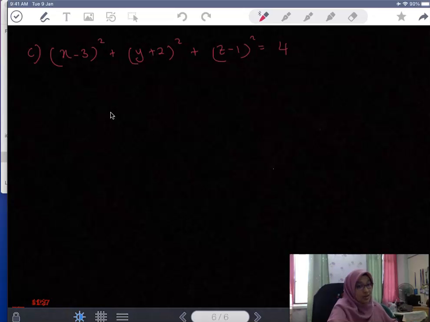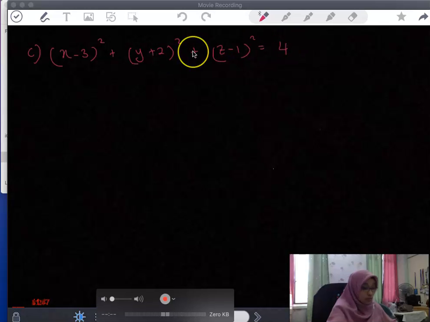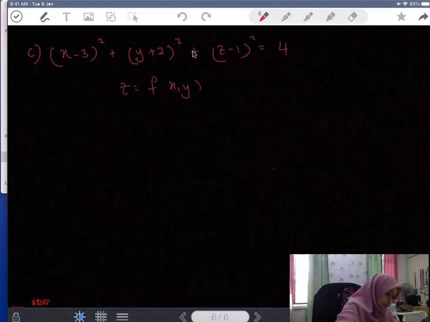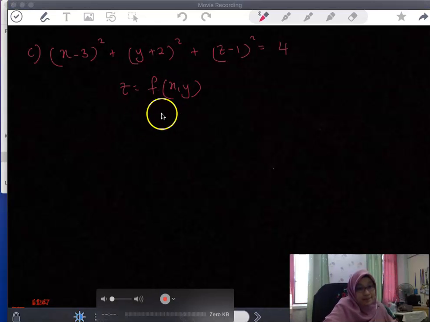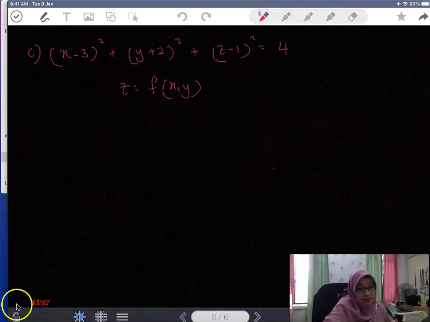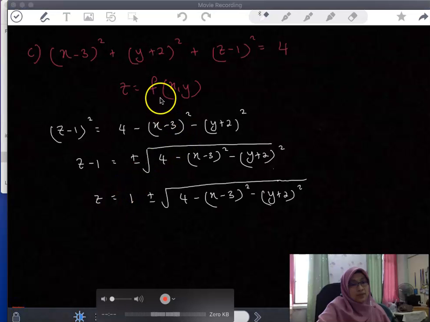Domain and range. It looks like we have to rearrange this equation to be in the form of z as a function of x and y. So this is the new form of the original expression.